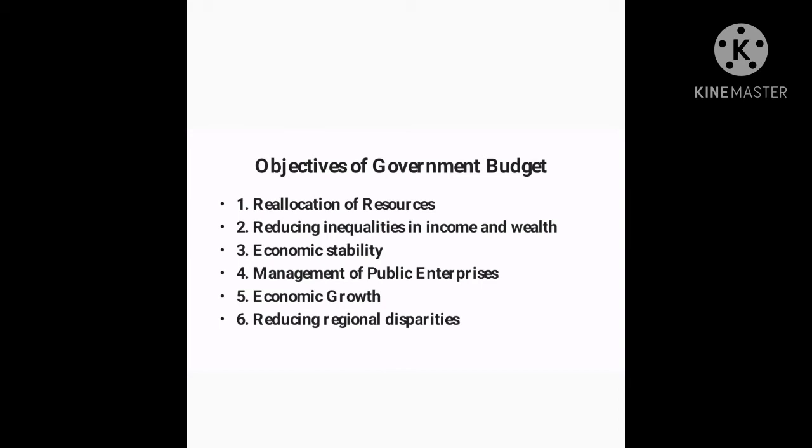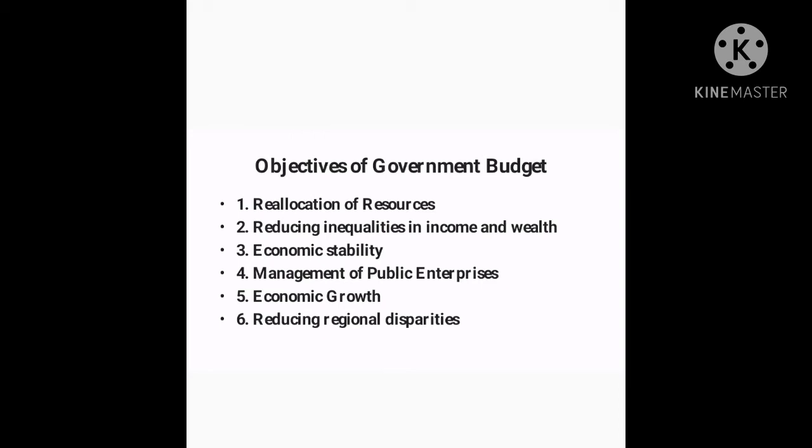Fifth, economic growth. The overall economic growth of a nation relies on savings and investments. Budgetary policies are hence introduced to infuse enough resources in different public sectors. Government makes provision to boost the rate of savings and investments made within the economy.